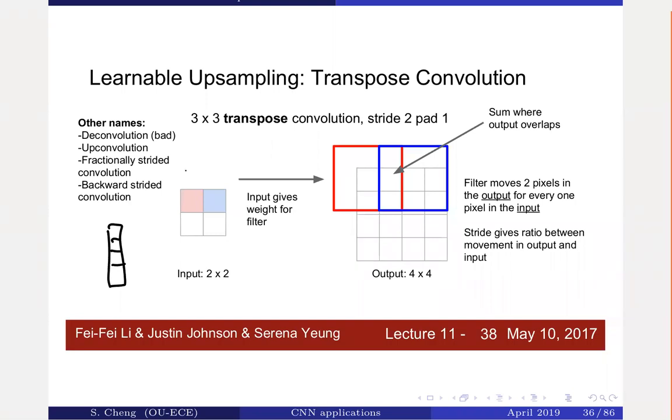Now let's do 1D here, and I do a stride 2, have a filter 1, 2, 3. Let's say I do stride 2 and padding 1.